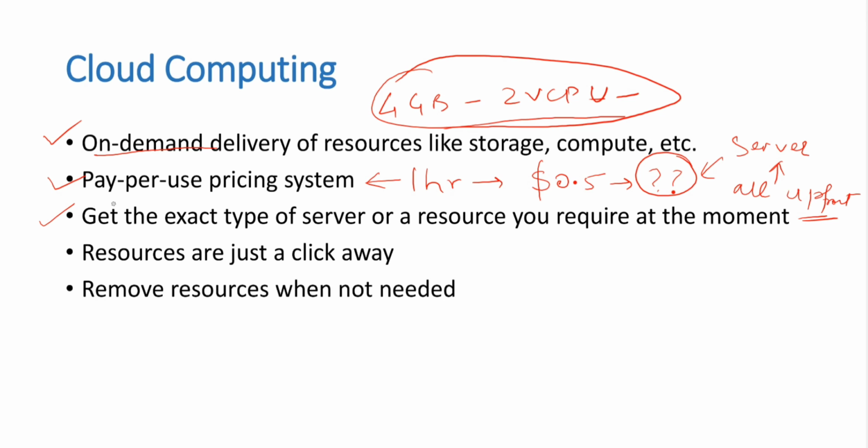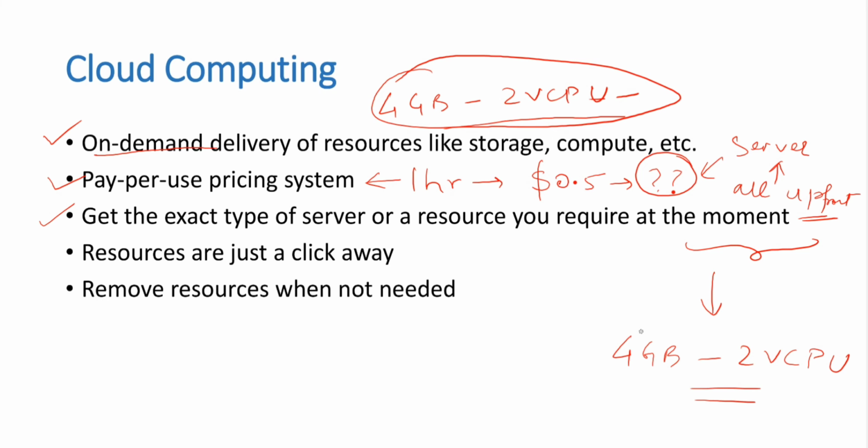Next, get the exact type of server or resource you require at the moment. For example, if the load on my website is just like that, my 4 GB RAM computer having 2 virtual CPUs can handle this load, so I will get this computer only for that moment.